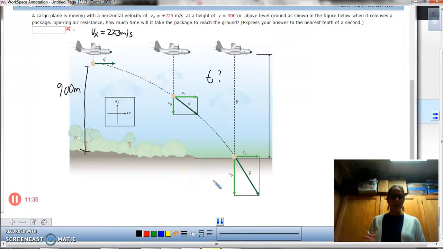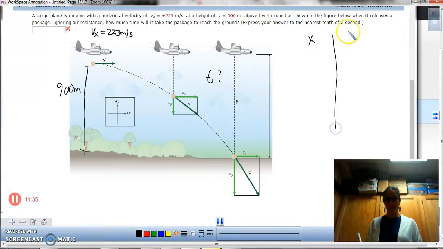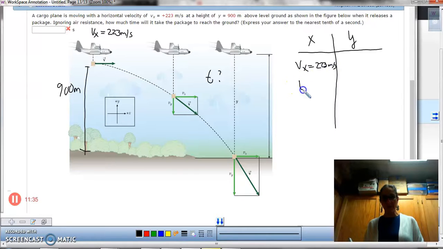This one's actually not too bad so far, because what we have is x, y. So always start by organizing your information. I cannot stress that enough. You will not see what's going on or what you need to do until you do this. So we have Vx as 223 meters per second. We don't have time and we don't have x. For y, I'll use delta y as 900, negative for falling.